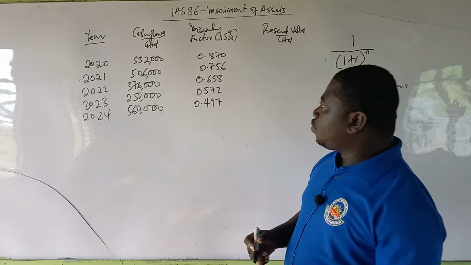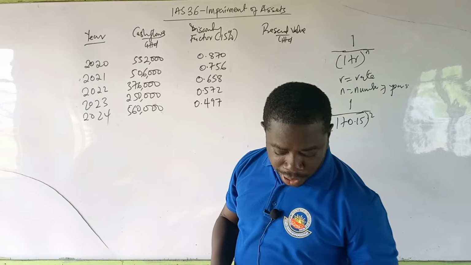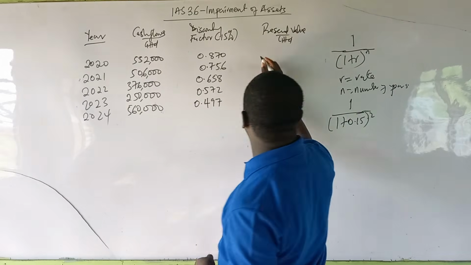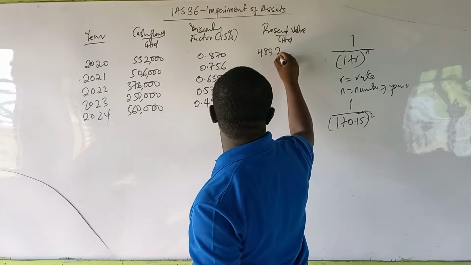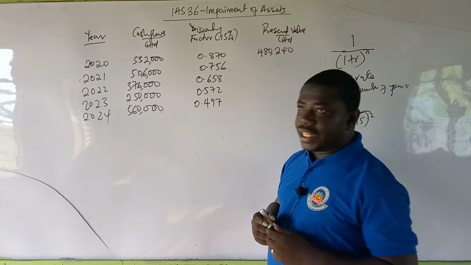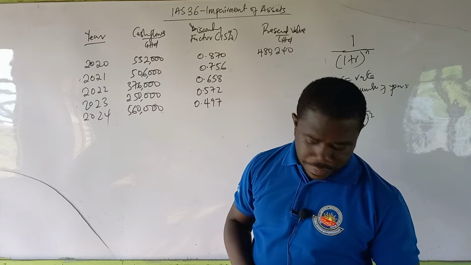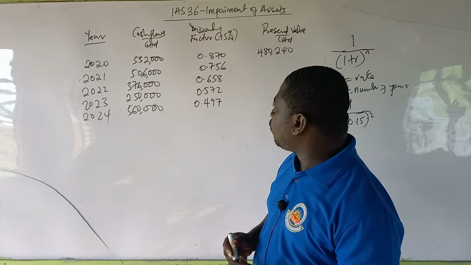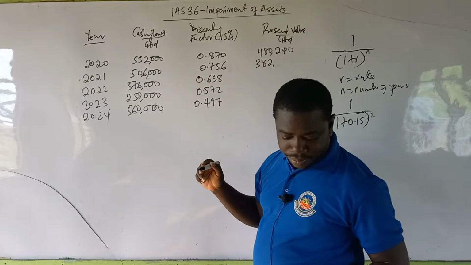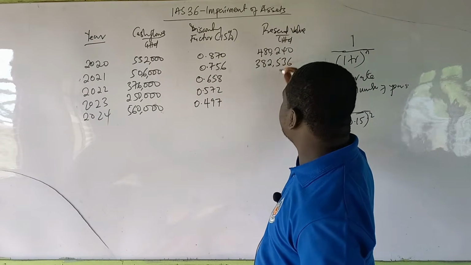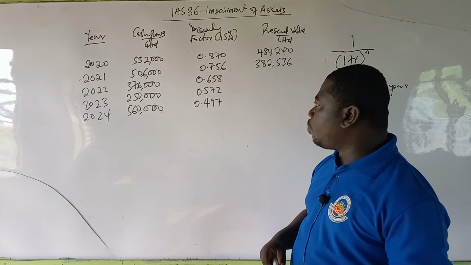Yes. So what we are trying to say is that we multiply 552 by 0.870, sorry. And that is going to give us 480,240. And then we have 506,000 multiplying 0.756. That gives us 382,536. And then also we have 376,000 multiplying 0.658.